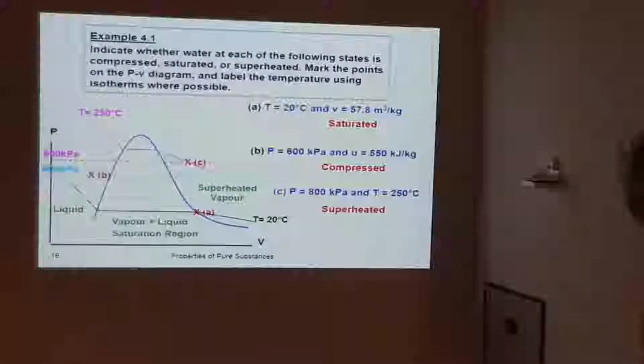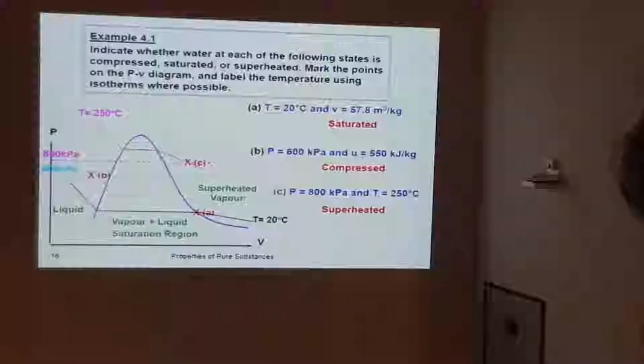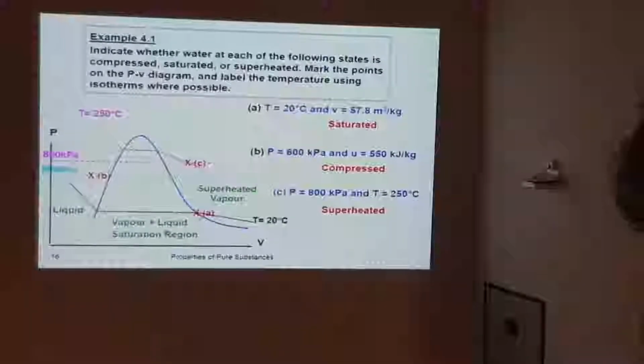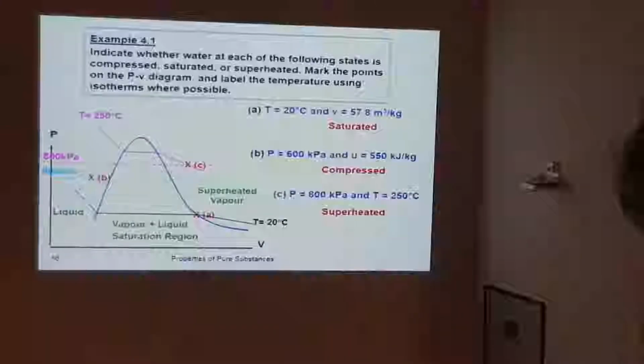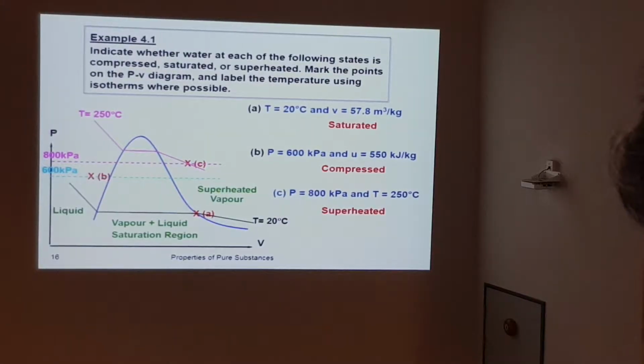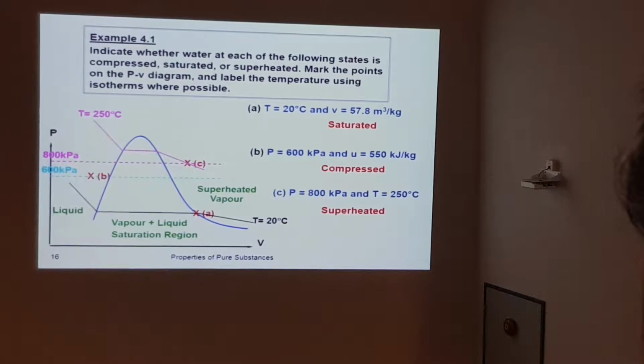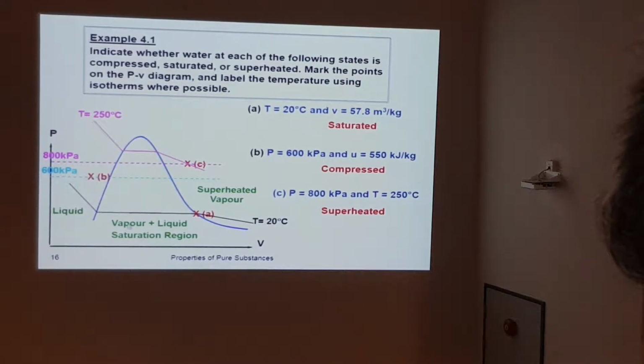So here we have different things. You have a 100% vapor, you have a compressed liquid, you have a superheated. On this PV diagram, the lower temperature and lower pressure, the line should be lower.